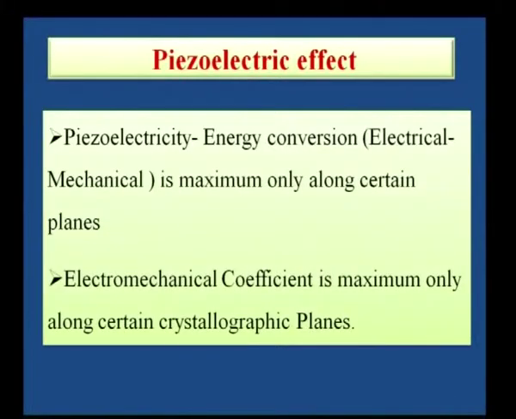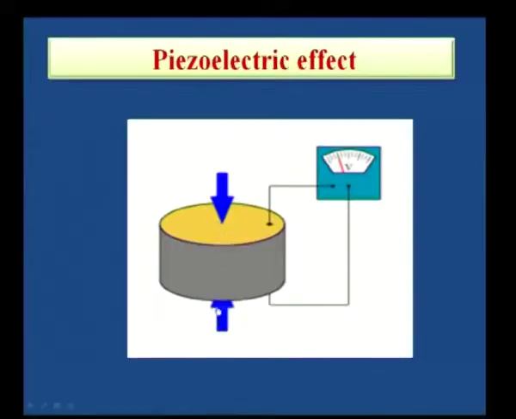Now, we will pass on to the piezoelectric effect. The piezoelectric effect was observed by Pierre Curie, the husband of Madame Curie. Piezoelectricity is nothing but conversion of mechanical energy into electrical energy. You take a piezoelectric material and apply pressure.